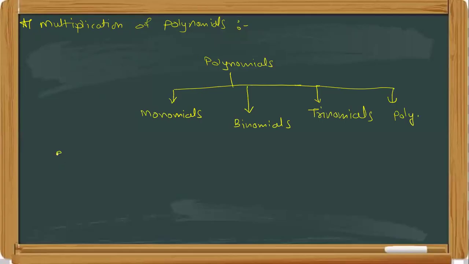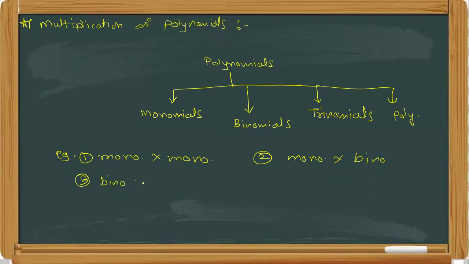Now, multiplication questions. Monomial into monomial. That is one type of multiplication of polynomials. Second type, monomial into binomial. What will be third? Guess the third one.